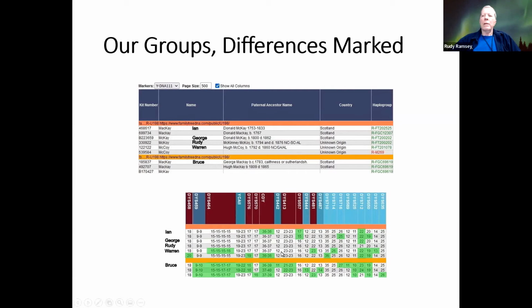Let's look at George's line. He was the one I was closest to when I showed you the Y-DNA matches display from a family tree. And he has only one difference. So let's see what that means.